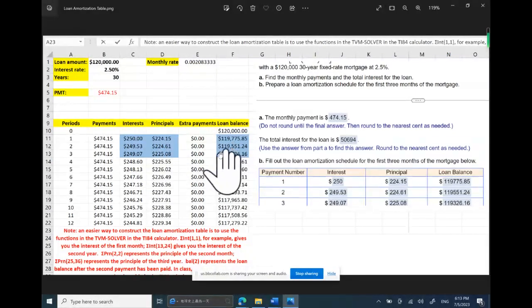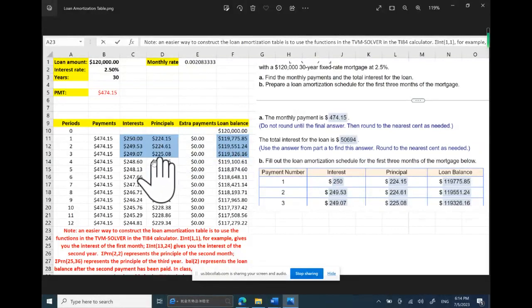So this number, $151.24, is the loan balance by the end of the second month. And the third month, that's your monthly payment, right? Every month you pay the same thing. And interest for the third month would be on the previous loan amount, the one we just got, 551.24.